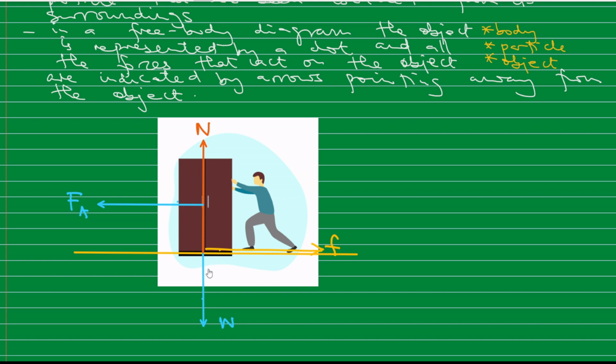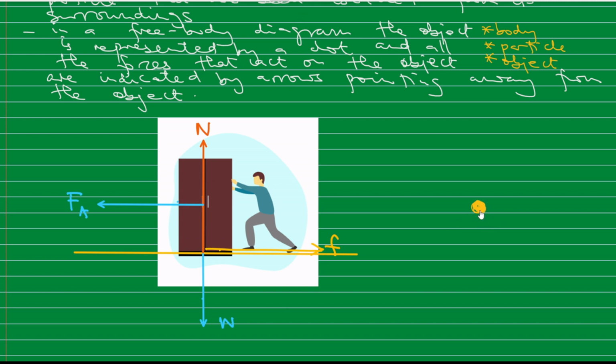Now let's say we want to represent this in the form of a free body diagram. According to this guideline, we have to show all the forces acting on the object, and then we are going to draw a force that is representing the weight or the gravitational force, and that force should be pointing away from the dot.